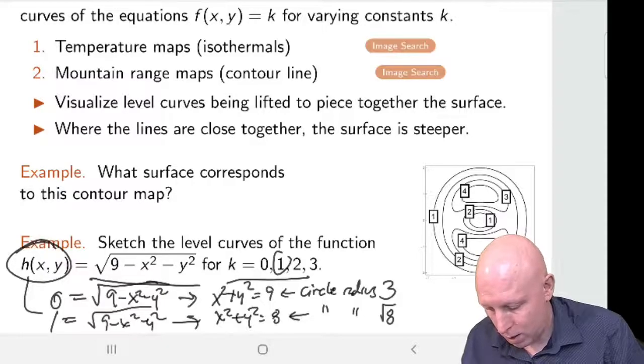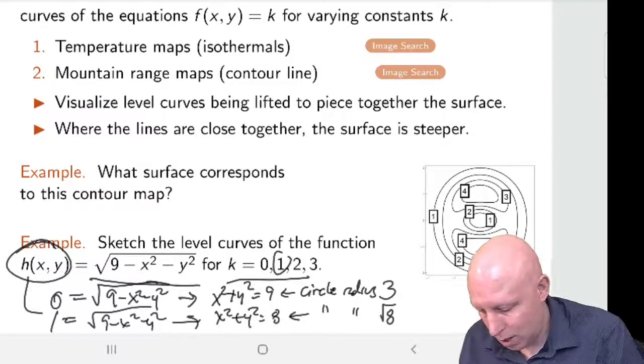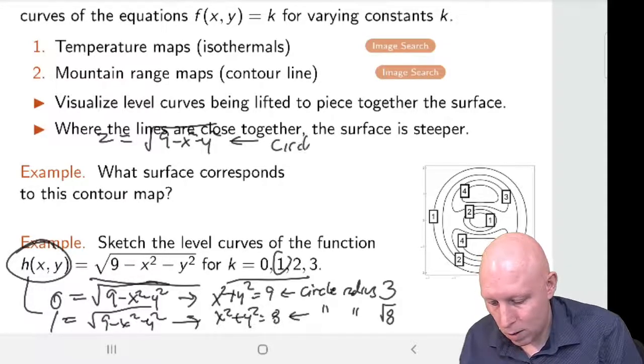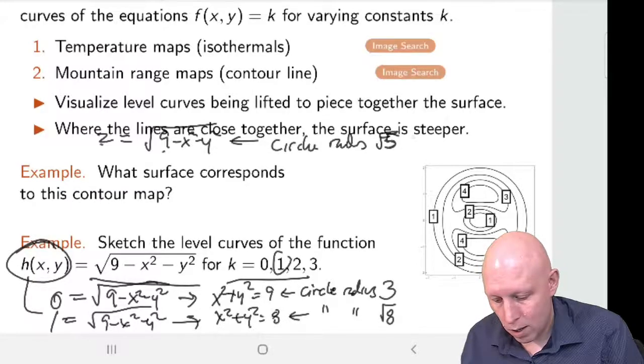All right, I think I can't go down any further. So here, if I do 2 is equal to the square root of 9 minus x squared minus y squared, then this is a circle of radius square root of 9 minus 4, so square root of 5, about 2.2-ish, and this is about 2.7-ish.